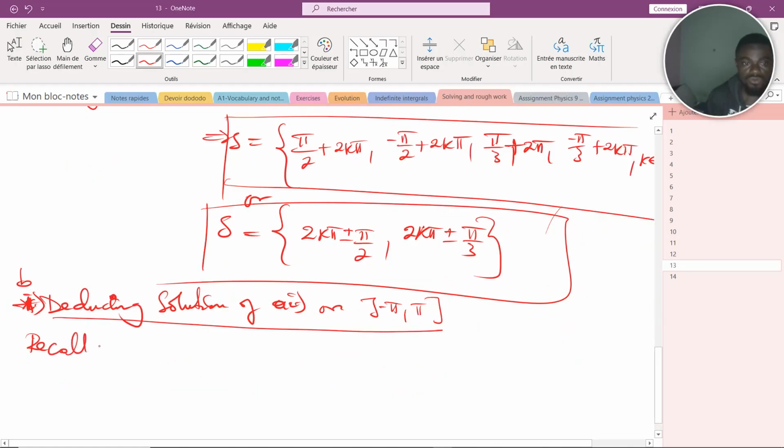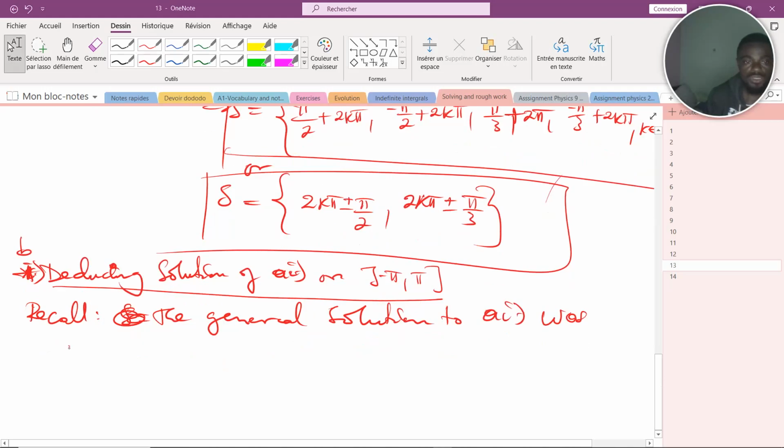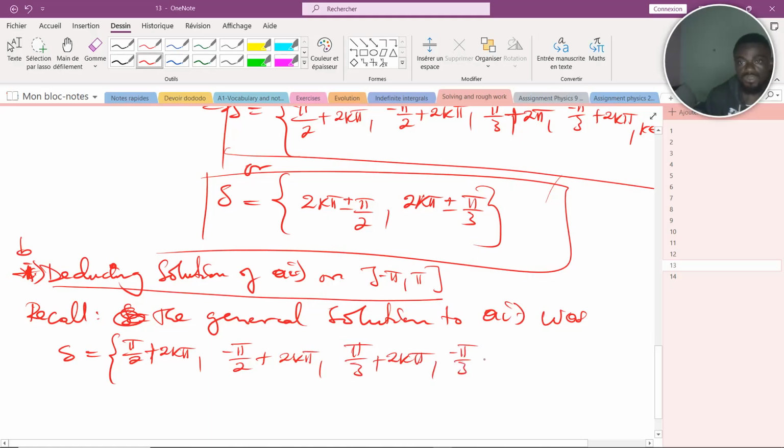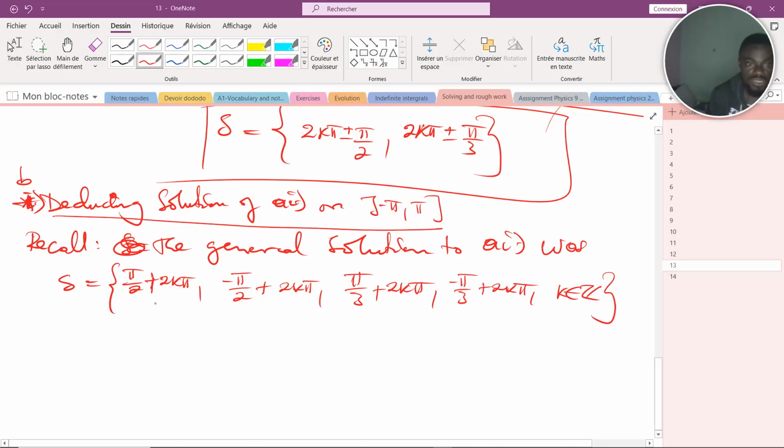Recall that the general solution to A sub 1 was S being equal to pi on 2 plus 2k pi, comma, minus pi on 2 plus 2k pi, pi on 3 plus 2k pi, minus pi on 3 plus 2k pi, where k belongs to Z. Okay, so we have to take one by one, as we usually do.